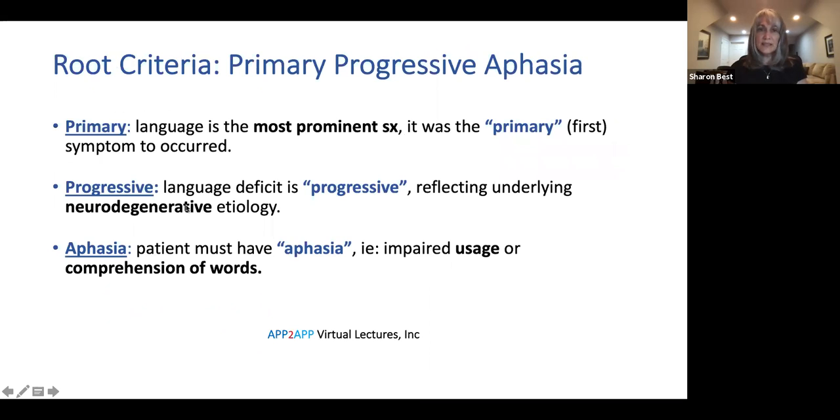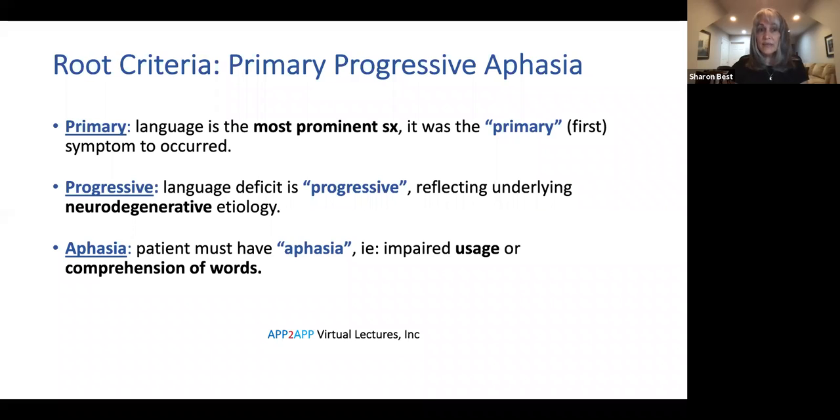Marsel Mesulam is a neurologist from Northwestern University who was the first neurologist to describe PPA as a distinct syndrome in around 1982. I had the privilege of hearing him speak, and he explained that if you understand the meaning of the name, you'll already know the root criteria. So primary: language is the primary or first symptom to present.